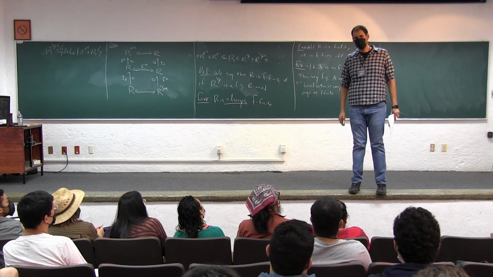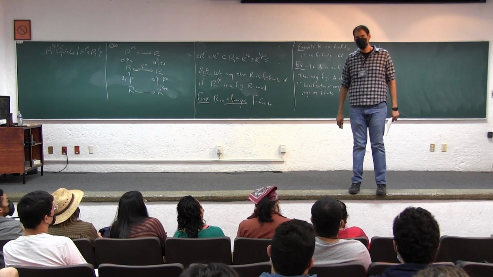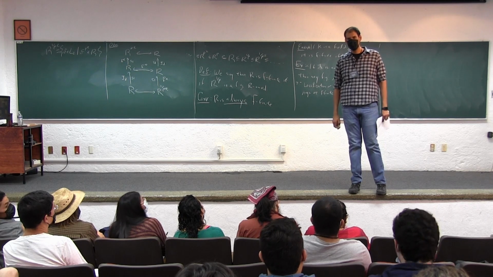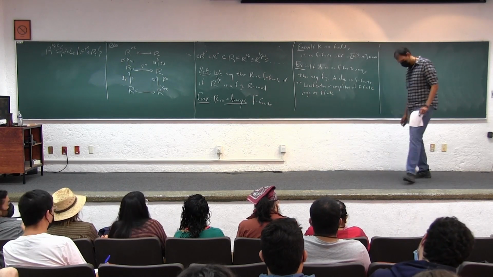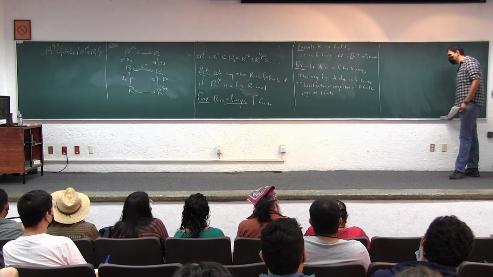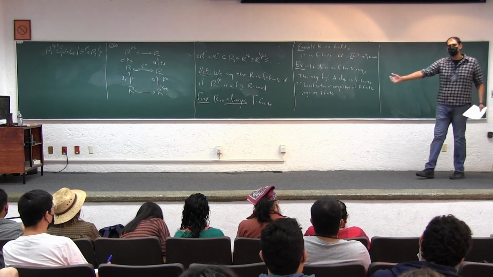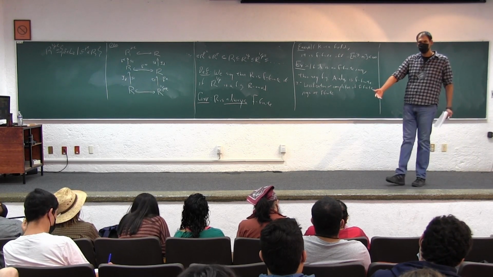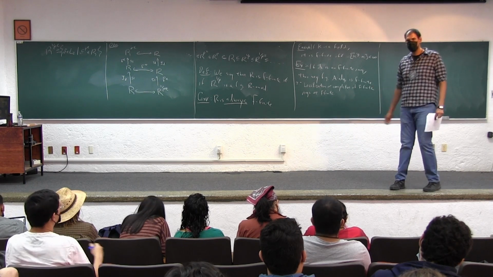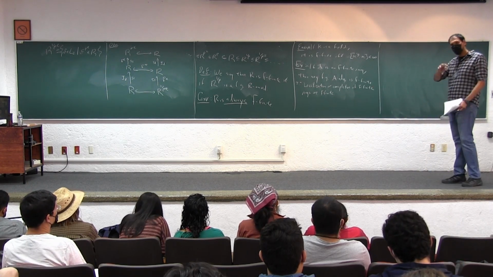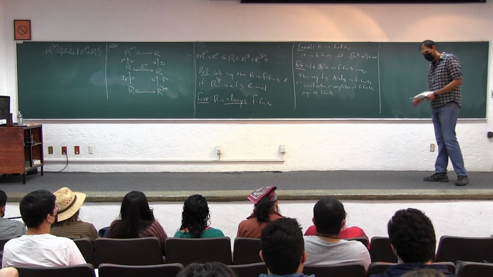It's not that hard, and we're going to do some problems regarding that in the problem session. You just take a polynomial ring in infinitely many variables and take the fraction field. That is not finite.